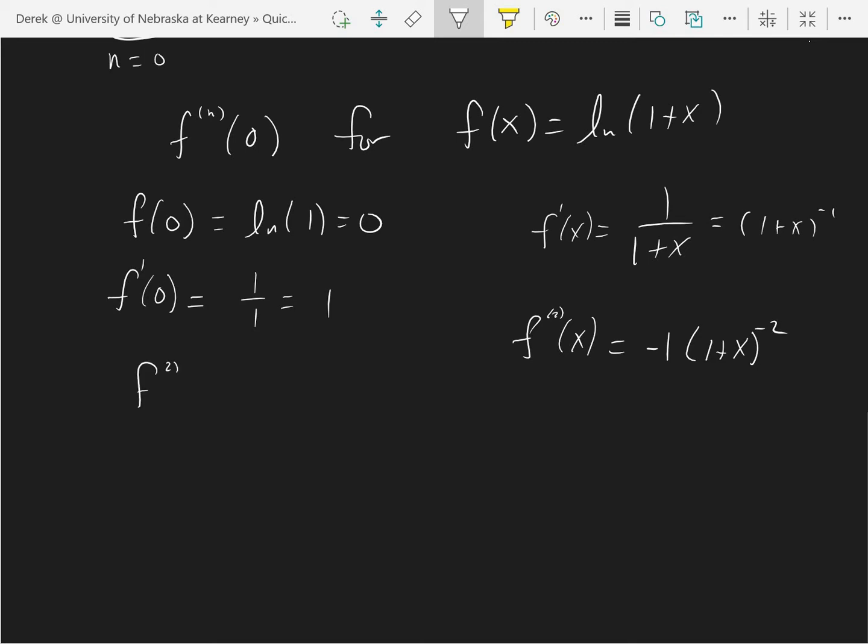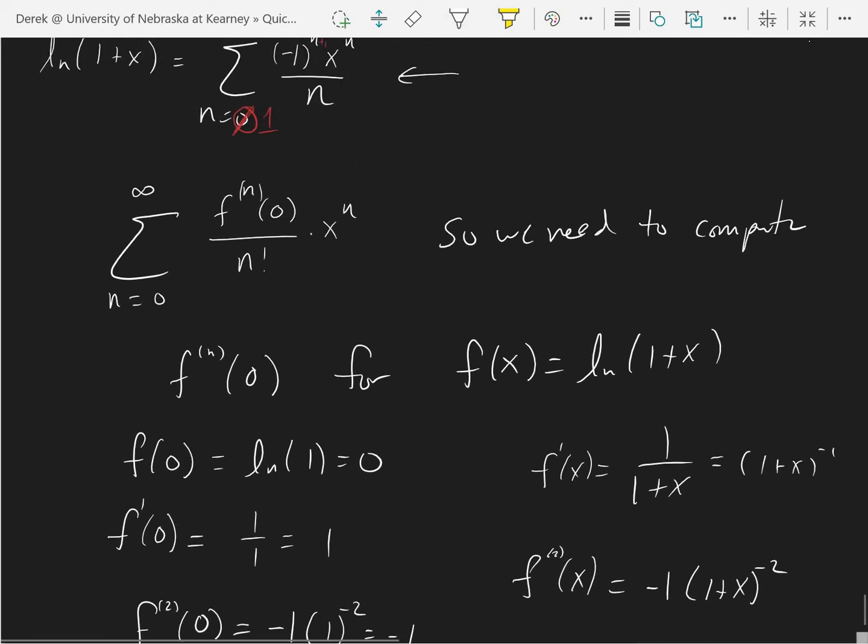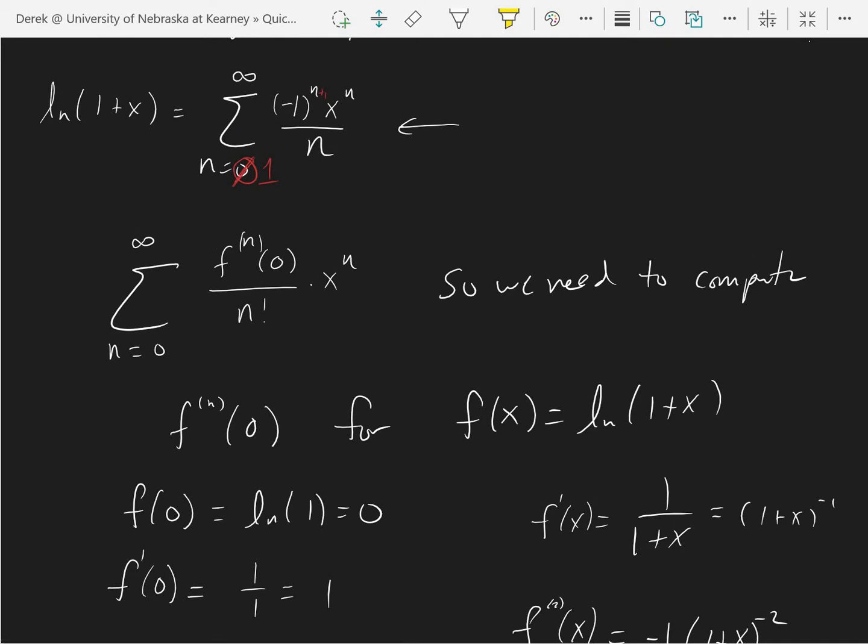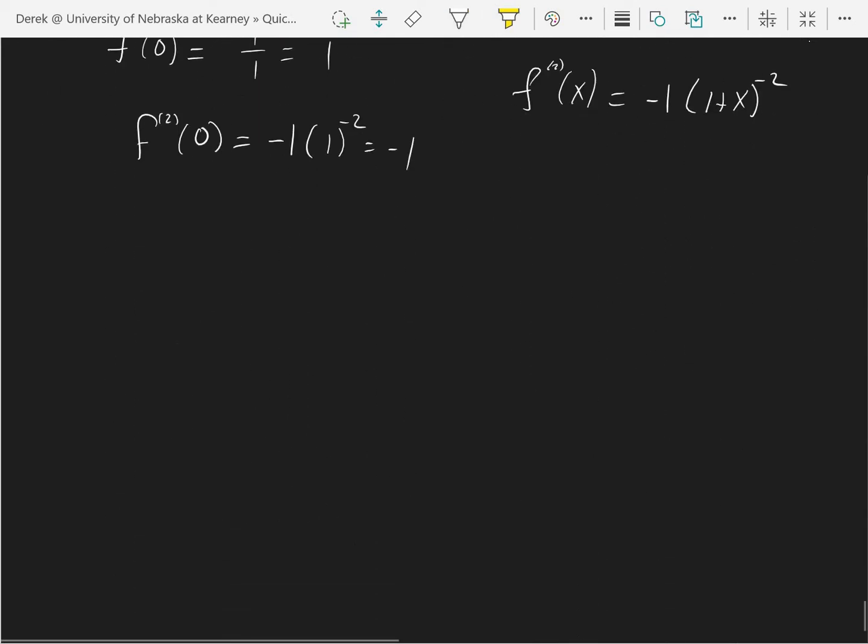So f double prime, or the second derivative at 0, is going to be negative 1 times 1 to the negative second, which is negative 1. We might just have to scratch that and figure out what this is going to be.